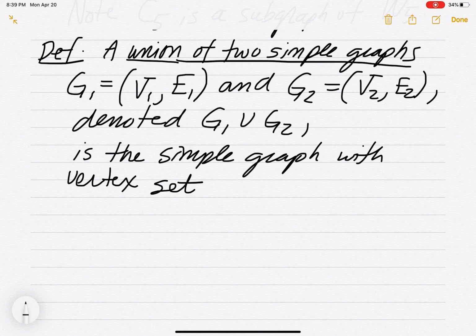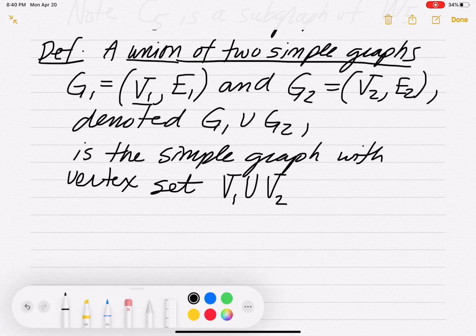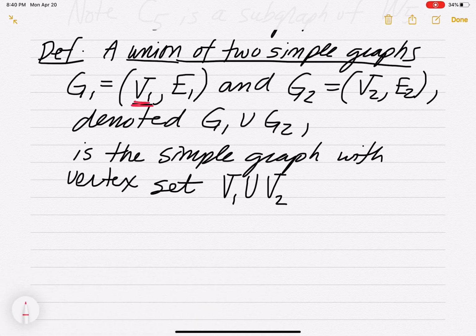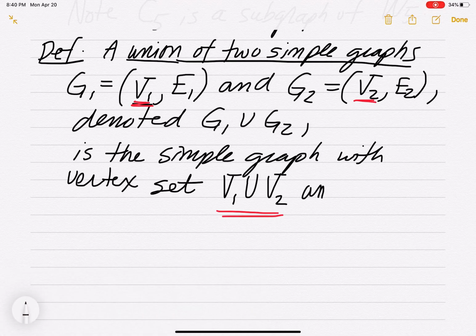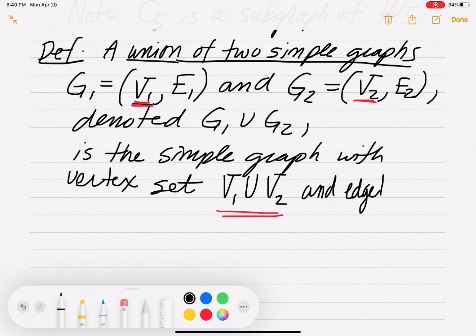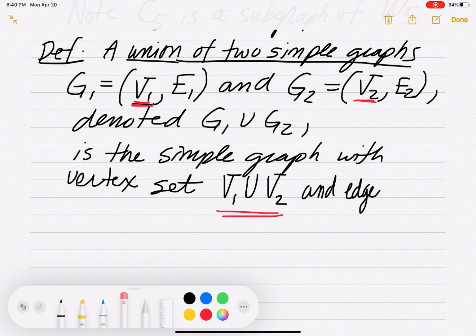So the vertex set is going to be V1 union V2. You take the two vertex sets from G1 and G2, V1 and V2, and union those together to get the vertex set of G1 union G2. And the edge set: you can imagine what's going to happen. You just take E1 and E2 and union those together.